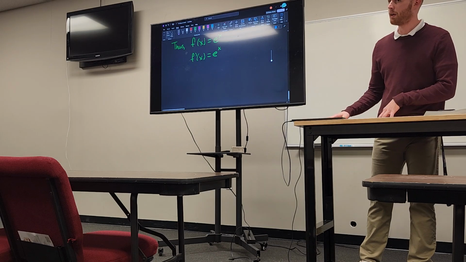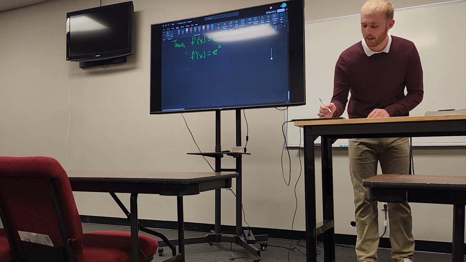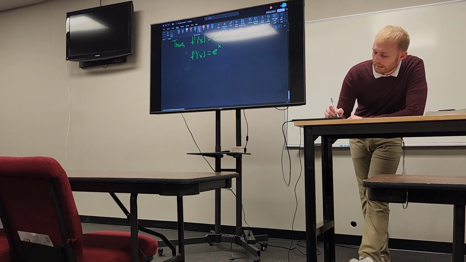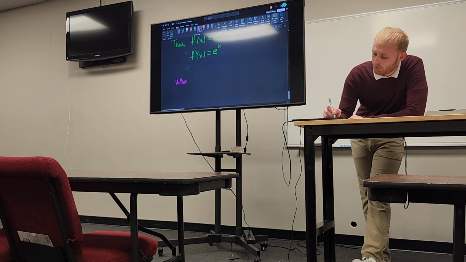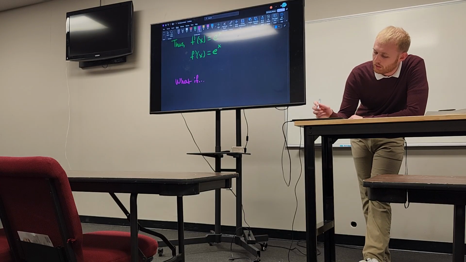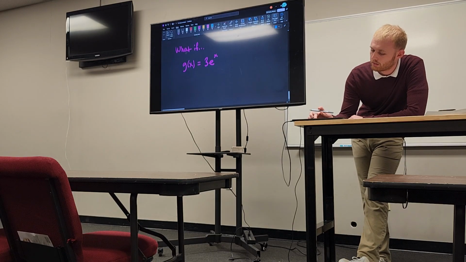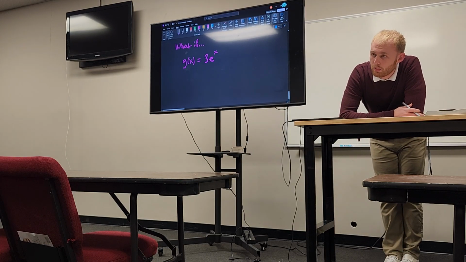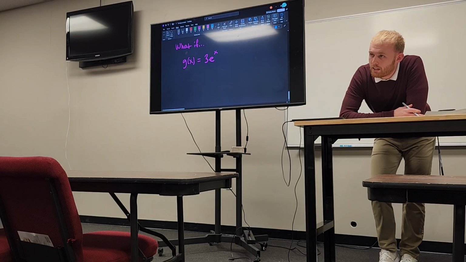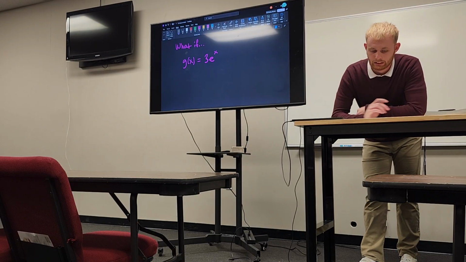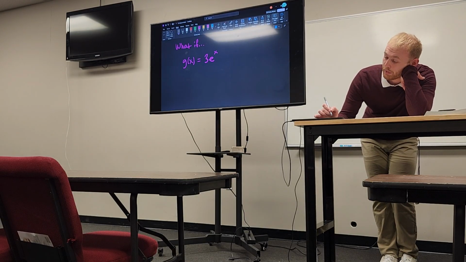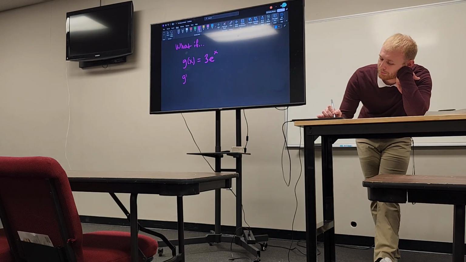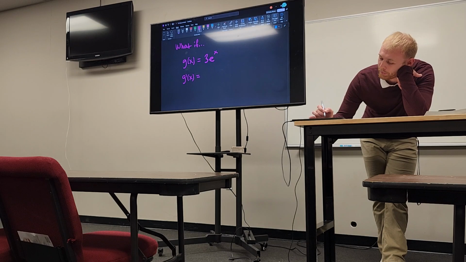This is amazing all by itself. But what if I have something like g of x equals 3e to the x? Is it still so simple? What's the derivative of this?